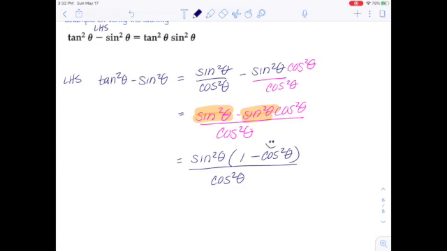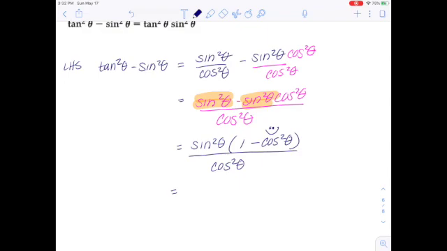And that is really nice because here's one of our Pythagorean identities. So let's replace that with our sine squared.